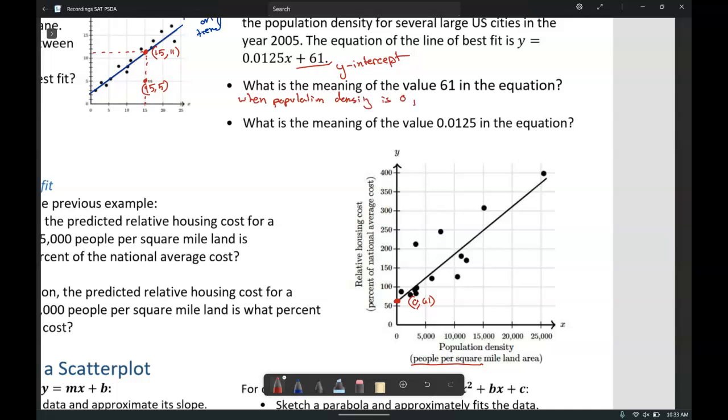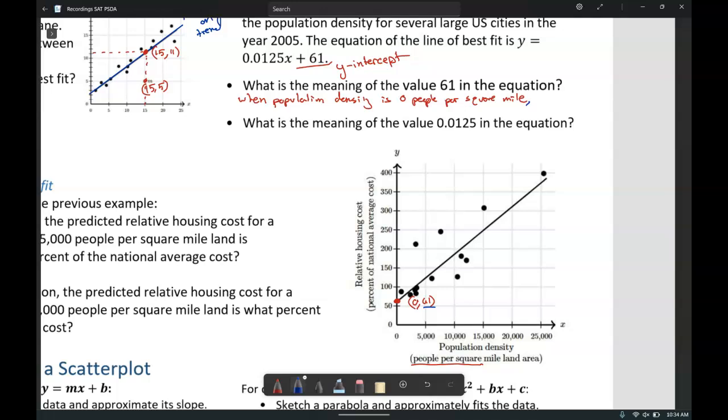is 0 people per square mile, then we're looking at, what does the y value represent? Well, y is the percent of national average, the relative housing cost.